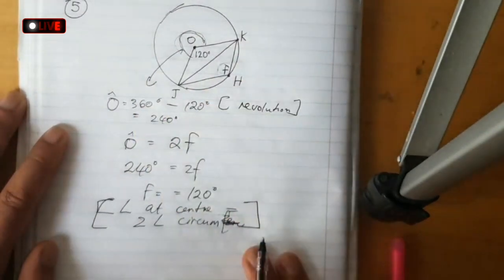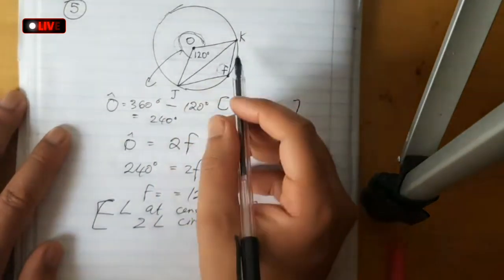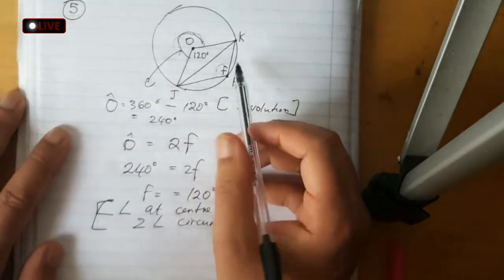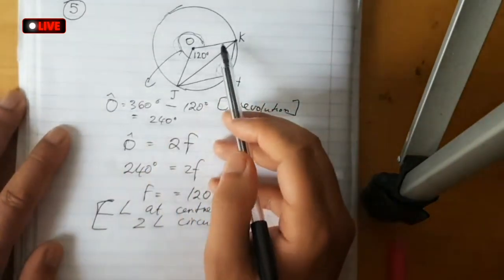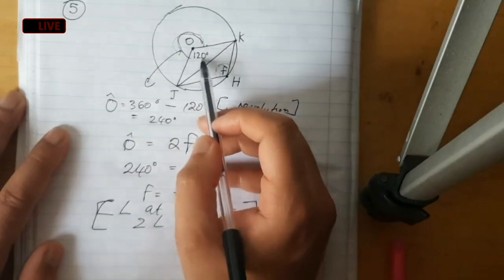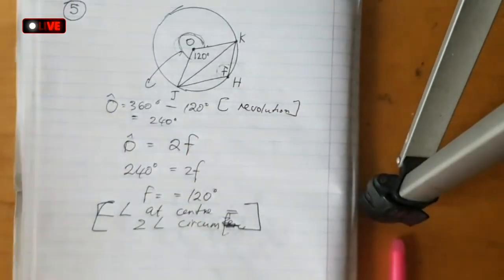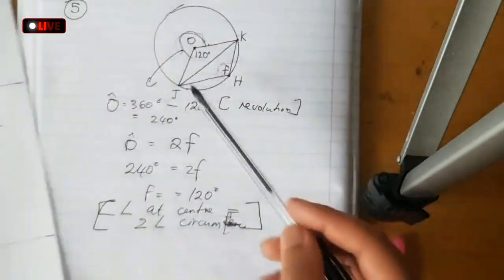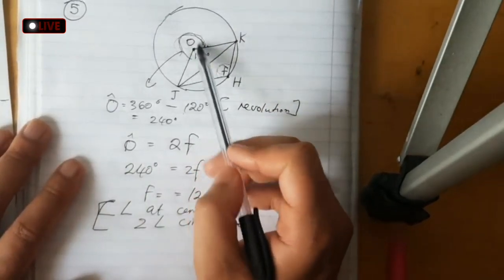So let's look at this problem one more time. We are asked what is the value of f. It was given that this angle here is 120 degrees, but remember the theorem says the angle at the center is twice this one here, and we don't have that one. So we first need to calculate that angle there.